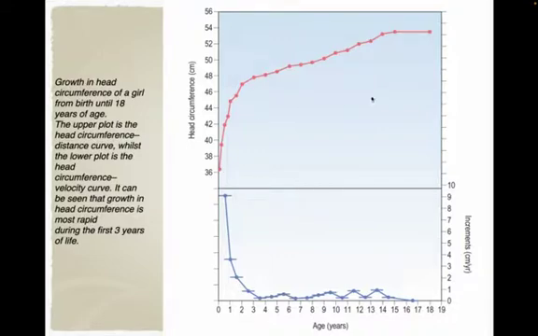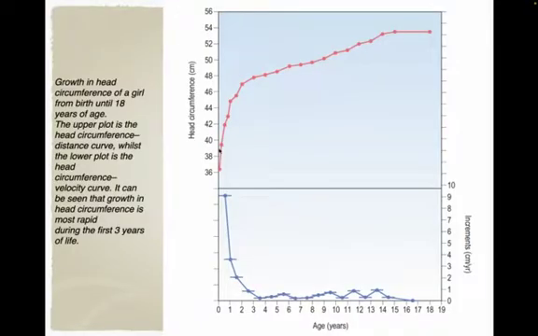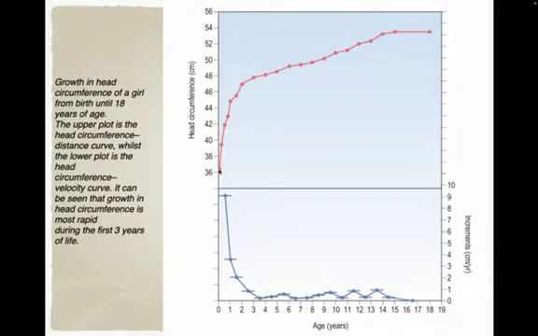In the top graph here, we are measuring the head circumference of a girl from birth until the age of 19. Each year we record the circumference of the head. As you can see, during the first 3 years there is a huge increase in head circumference.